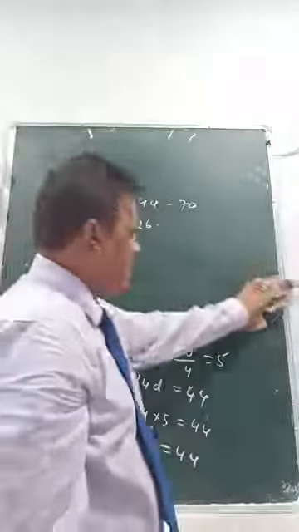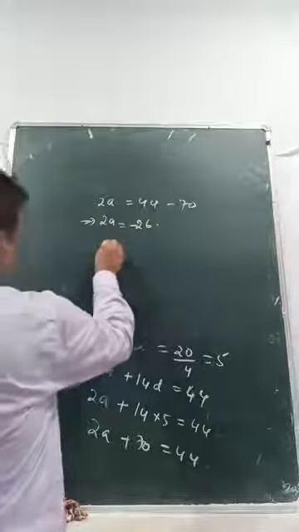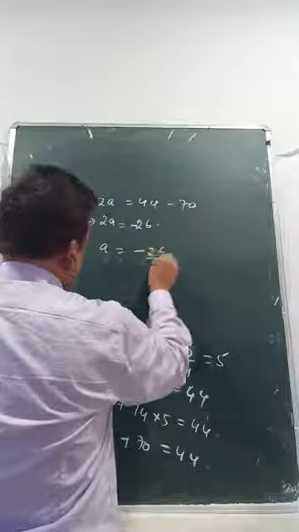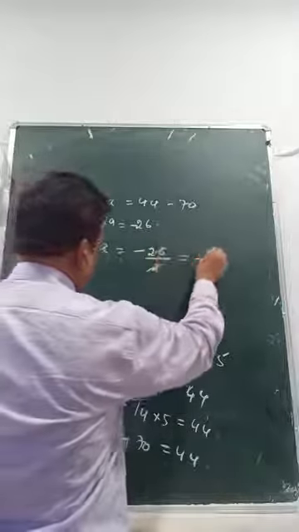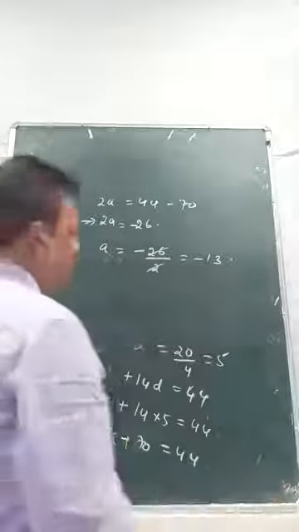Okay, what is A? Minus 26 by 2, minus 13.